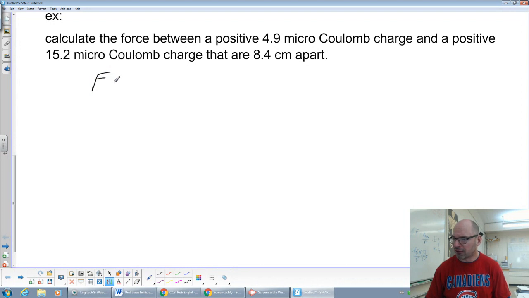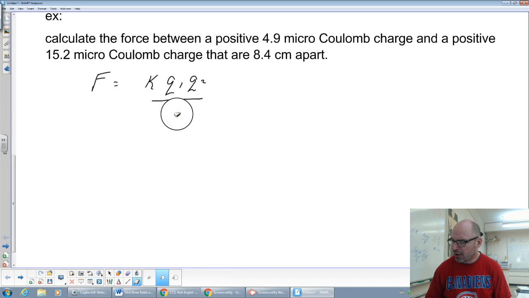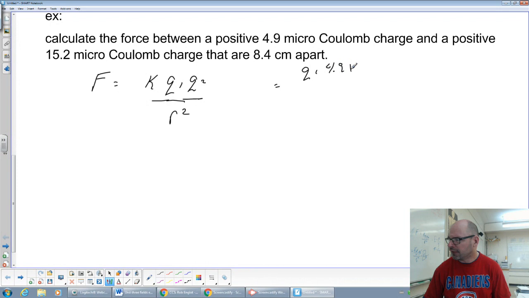Okay, so when we do this one, we're looking straight at Coulomb's law. The force of electric charge is equal to Coulomb's constant K times first charge size and second charge size over R squared. Oops, the distance squared. Which we used R for. So we know that Q1 is 4.9 times 10 to the negative 6 coulombs. We have to make sure it's in coulombs.